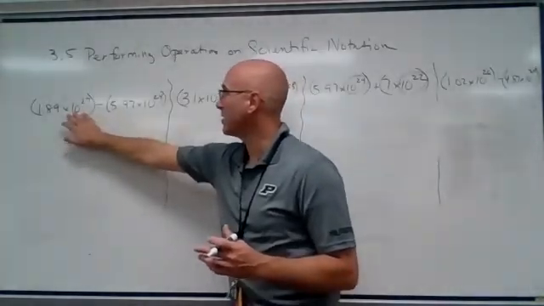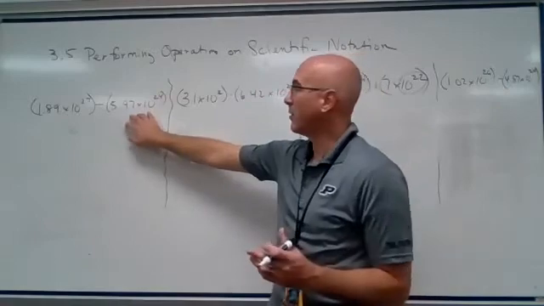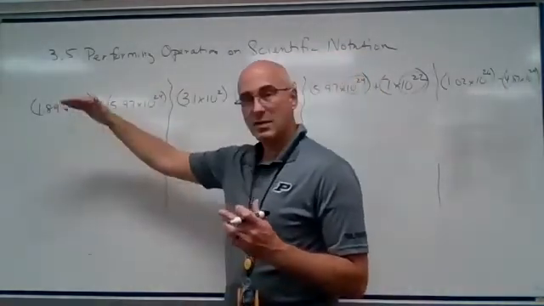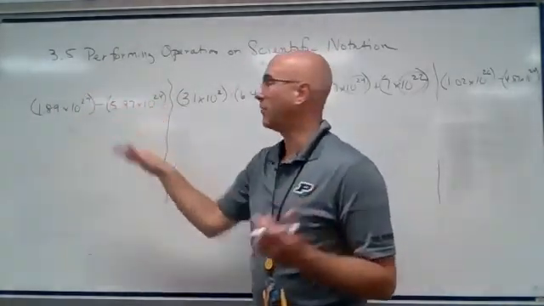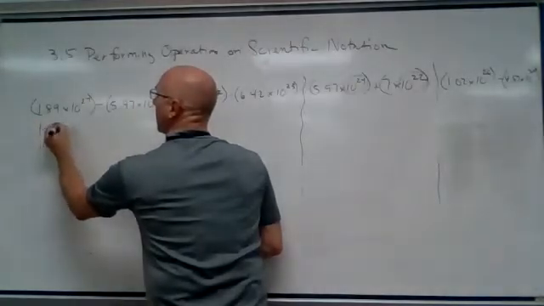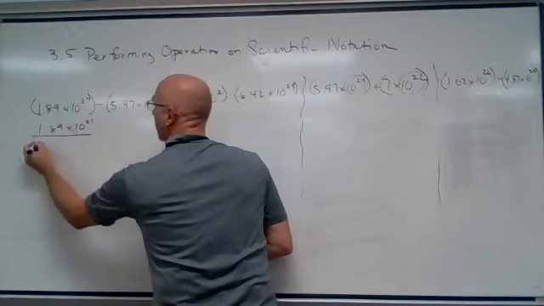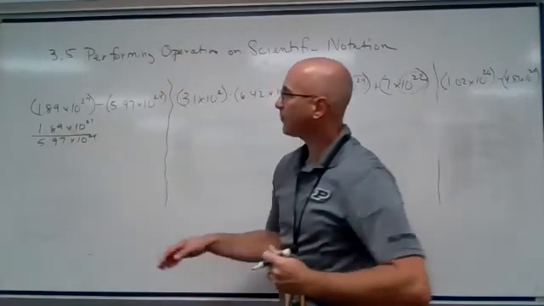First we are going to do a division problem: 1.89 times 10 to the 27 divided by 5.97 times 10 to the 24. We're going to write this using our fraction bar, our division bar, rather than writing it left to right. So we have 1.89 times 10 to the 27 over 5.97 times 10 to the 24th.